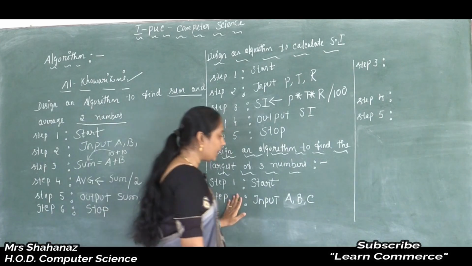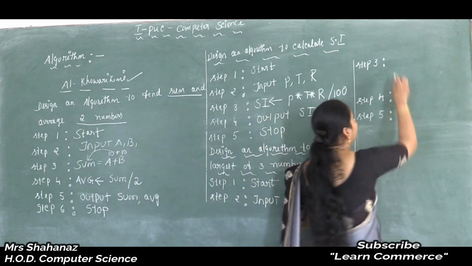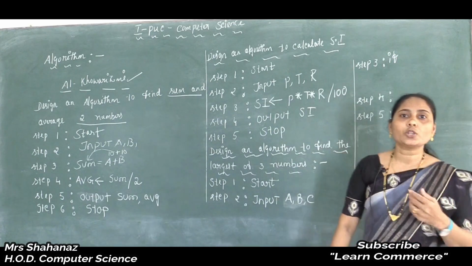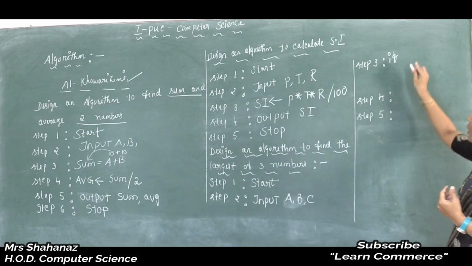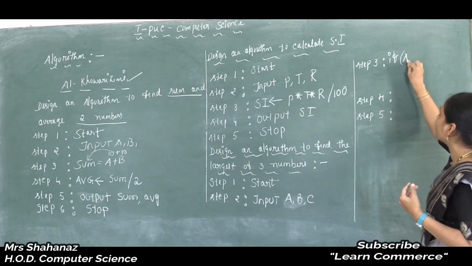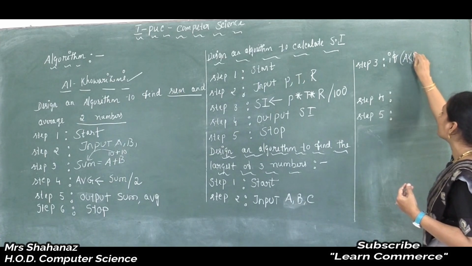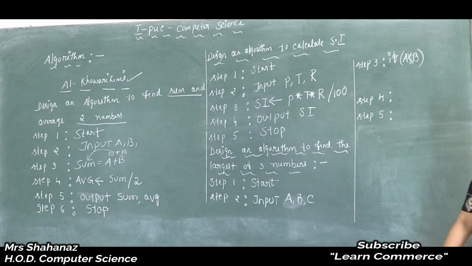Now after taking the 3 variables, I am going to use some calculation. What calculation am I going to use? The first calculation is to check whether the A value is greater than B. Clear this point here?